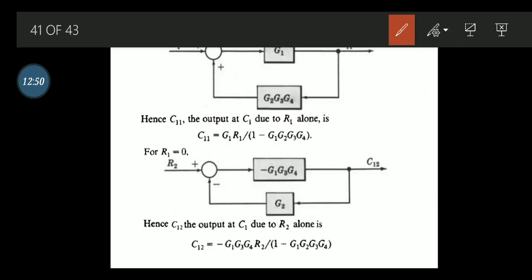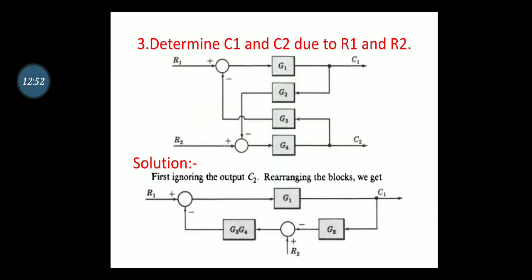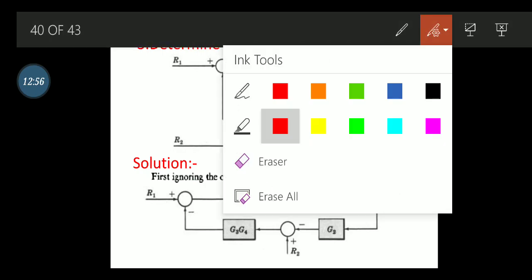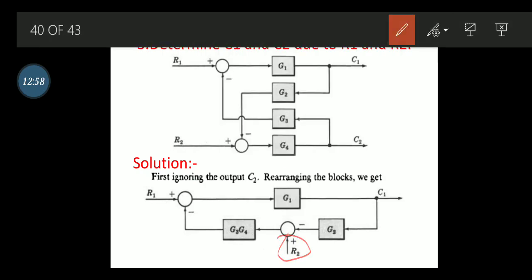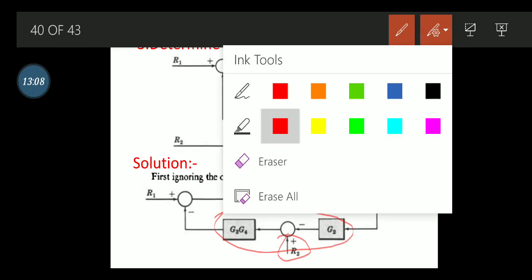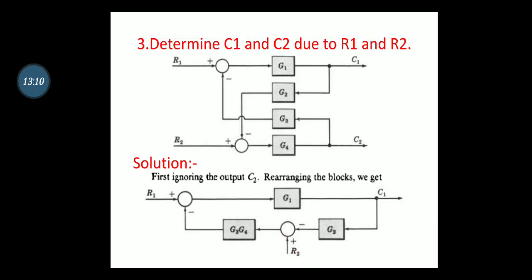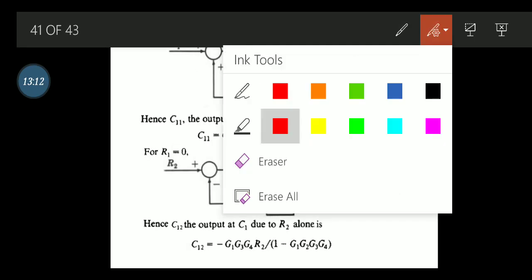So in this case, if R2 is considered 0, these two blocks are in cascade form. Then eliminate these two cascade blocks, and we write the product of these two, that is G2, G3 and G4 can be represented in a single block, so that is represented here.